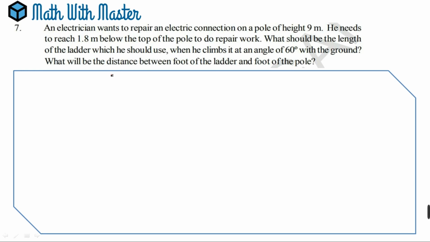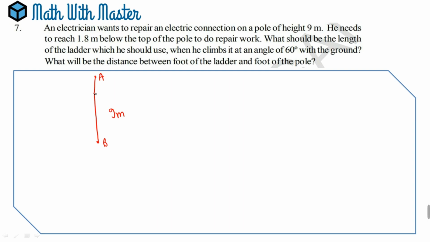Here, first we should draw an electrical pole, which is AB. And this is 9 meters.